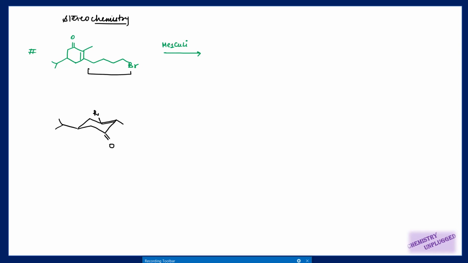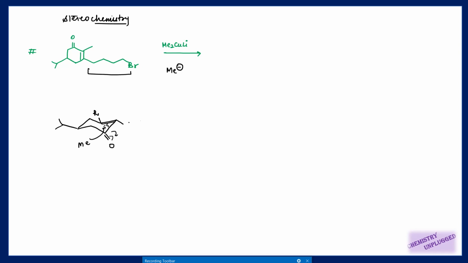Now we have the nucleophile, this is Me minus, so this nucleophile will attack on this carbon, this bond will shift here and this will shift onto oxygen. This is the reaction. Now our equatorial position is already occupied, so this methyl group will attack axially. It will go like this, and it will shift onto oxygen, right?